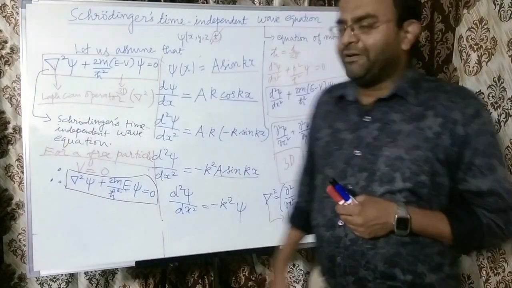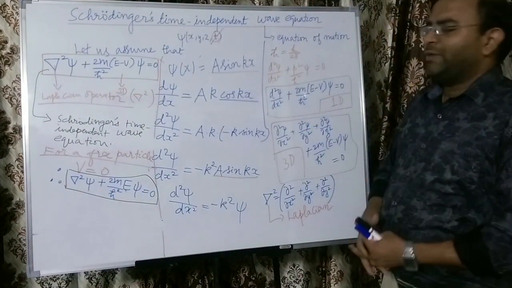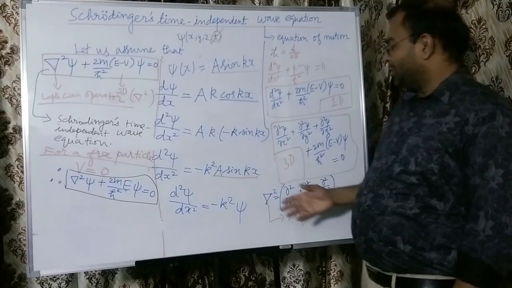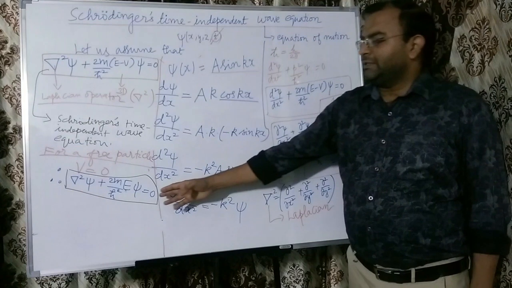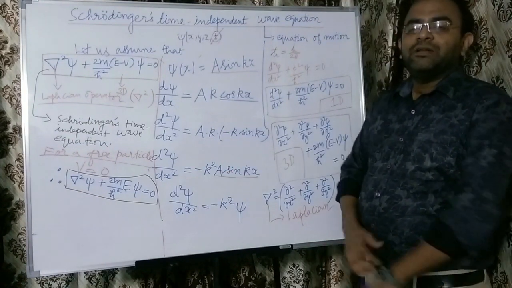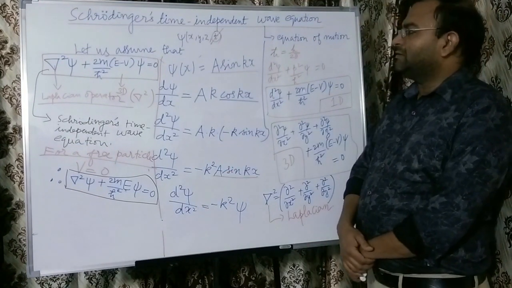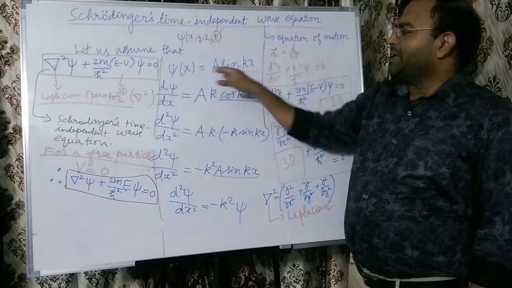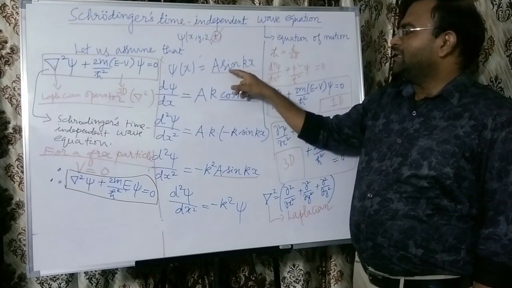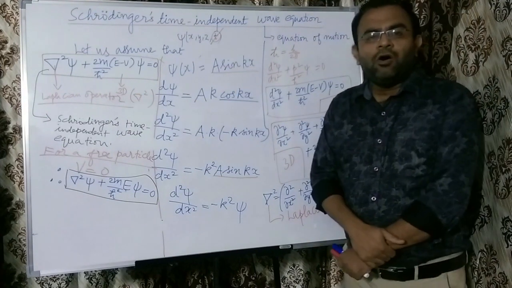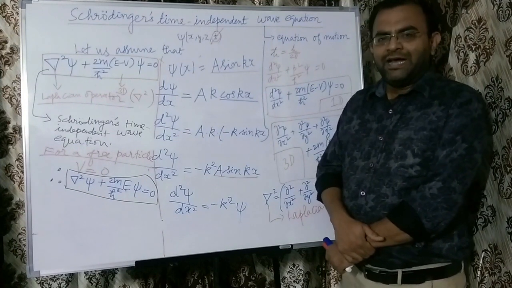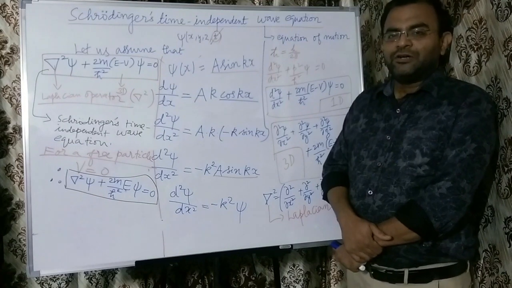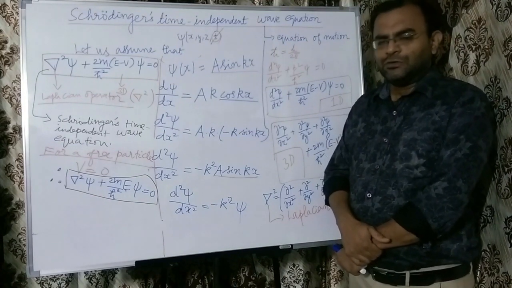Thus, we have derived the Schrodinger's time-independent wave equation using a few very simple approaches, ending up at the Schrodinger's time-independent wave equation for a free particle. We started assuming the wave function to be a trigonometric function of sinusoidal form, because all waves can be represented as a combination of trigonometric functions, sines and cosines.